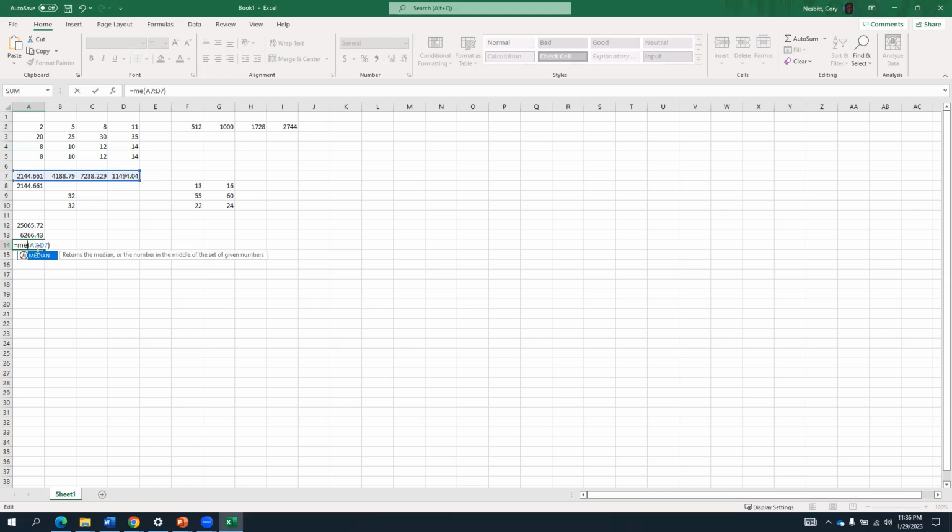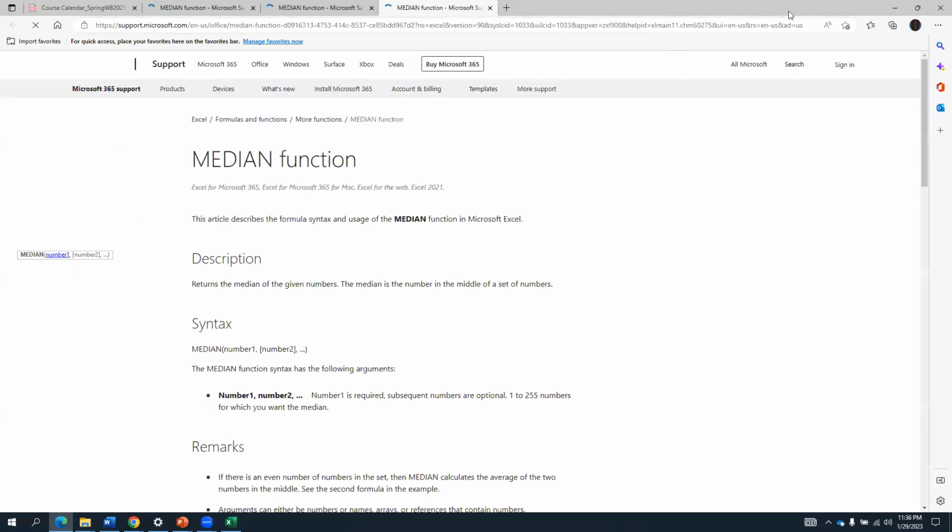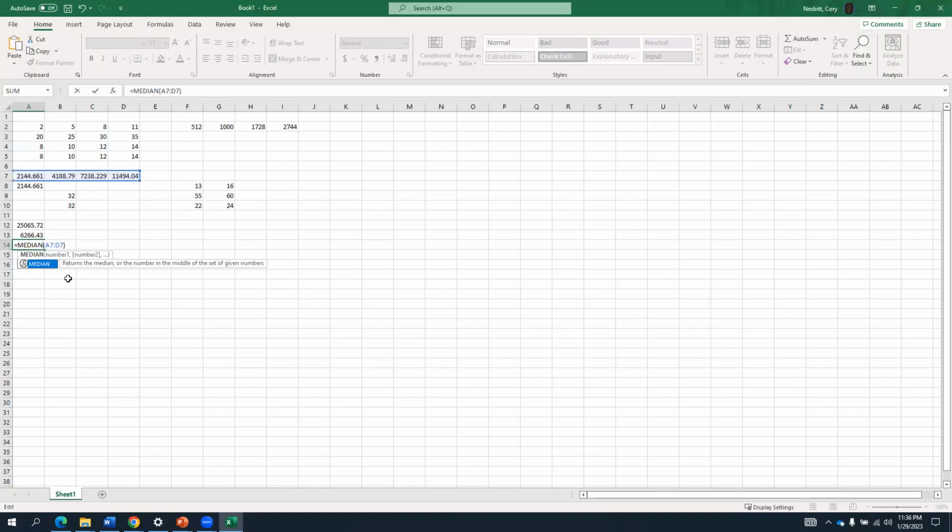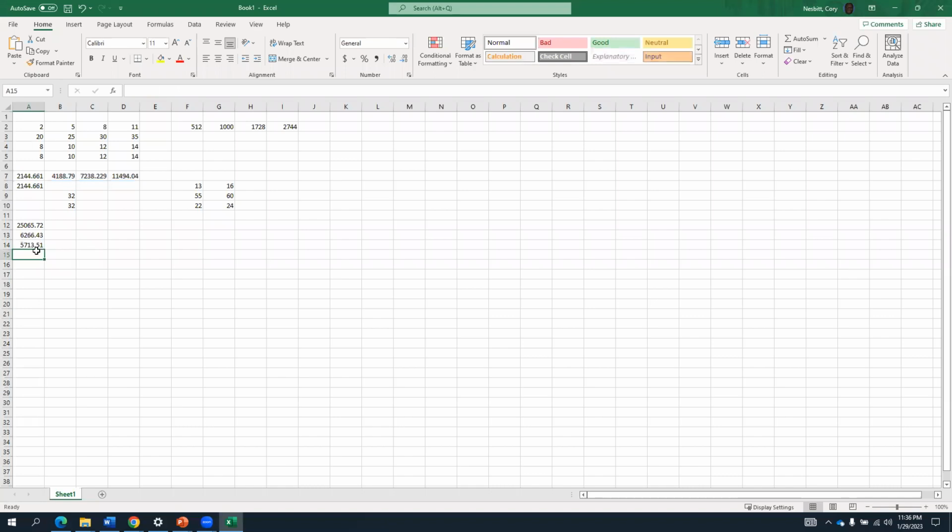Median, maybe that. Sorry. All right, now I just did median between A7 and D7, and then it finds the median.